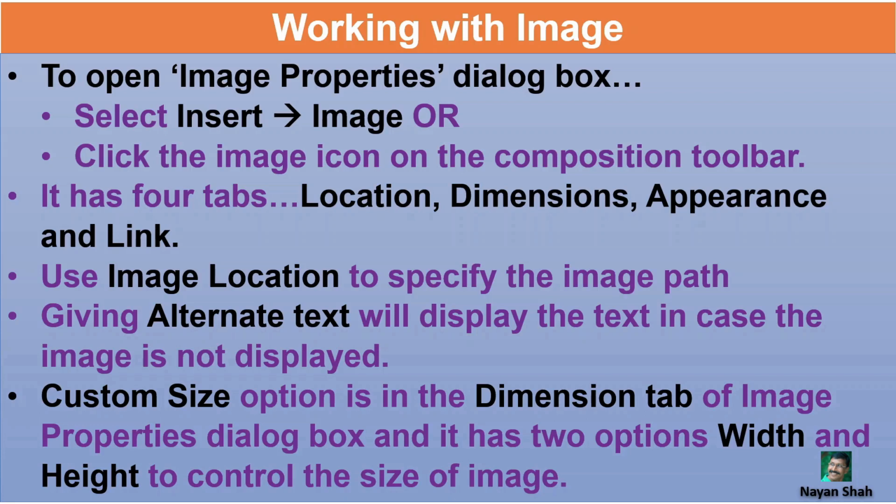So you select that image. Alternate text is another option which will display text in case for any reason the image is not available. The custom size option, which is in the dimensions tab, has two main options: width and height, to control the size of the image. These are some of the very important options of the different tabs of the image properties dialog box. But let us see all those options in detail.